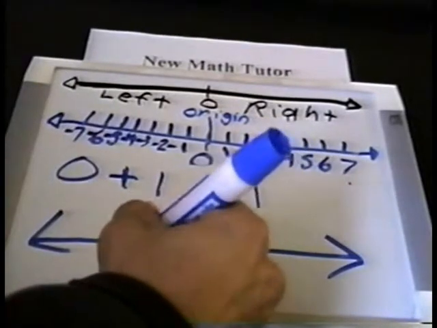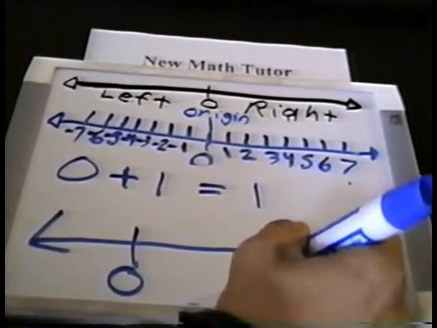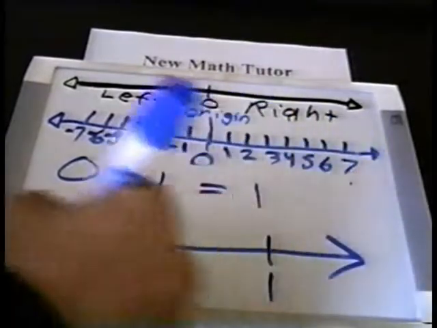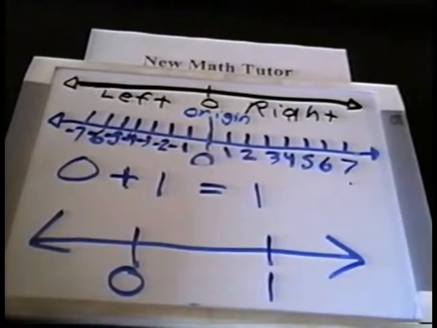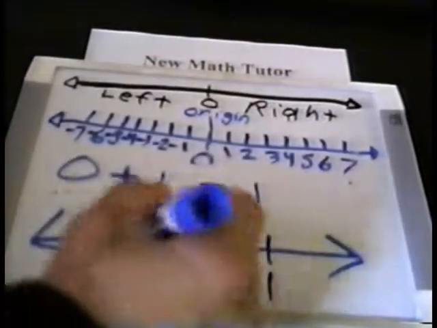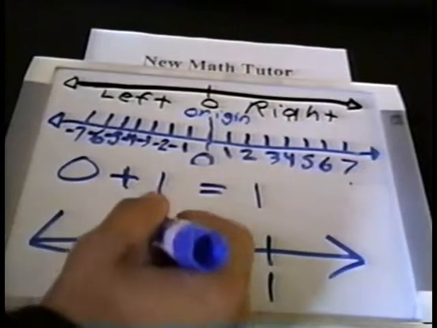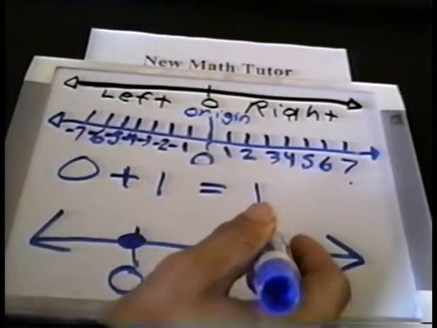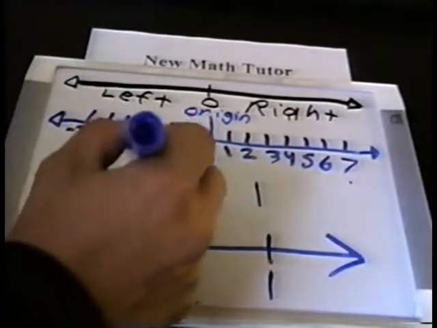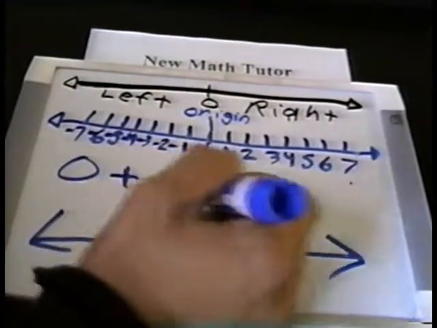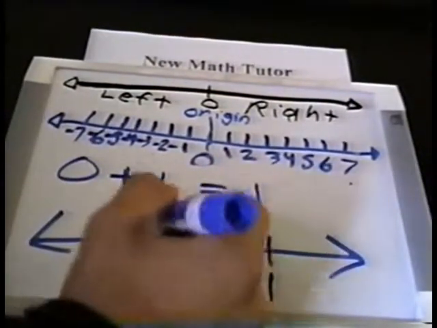Now, if you look on the line, let's say we have here 0, and here there's 1. So we start, 0 is called our origin because we start there.